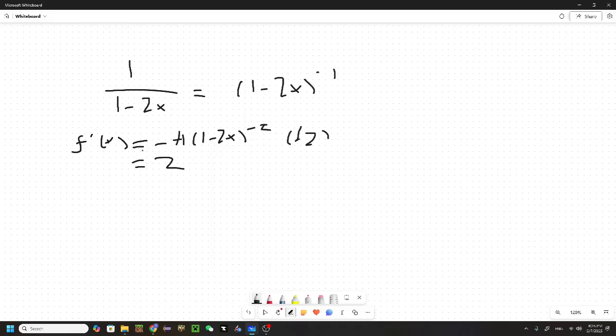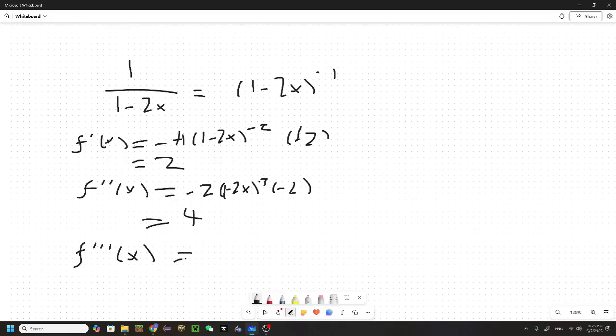So we should be getting 2 for the first term. And let's do the double prime: negative 2 times (1 minus 2x) to the negative 3, and this one should once again be negative 2, so these two cancel again. This will give us 4.